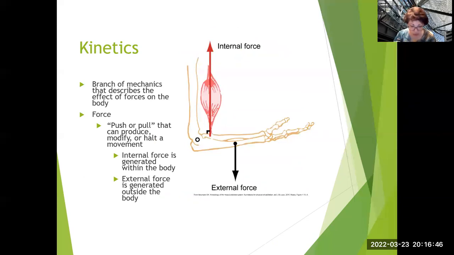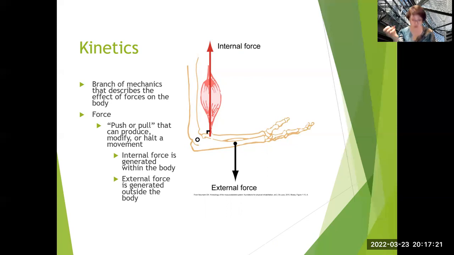With regard to body movements, forces can be classified as internal forces or external forces. Internal forces are generated from within the body. Typically that involves active muscular contraction. That's our internal force. But you could have passive internal forces, like tension generated from ligaments or muscular elongation. Those are internal forces as well. Anything that's generated by the body is an internal force.